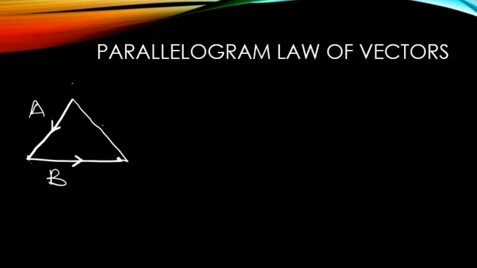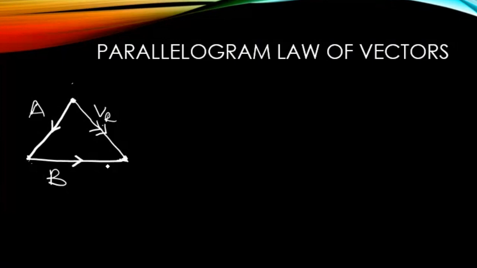To identify the resultant vector, it has two arrows just to distinguish it from the normal vector. So the resultant vector has two arrows and it starts from the tail of the first vector and ends at the head of the second vector. Yes, and that's one thing you need to know about the triangle law of vectors.